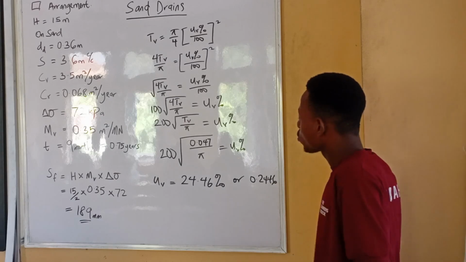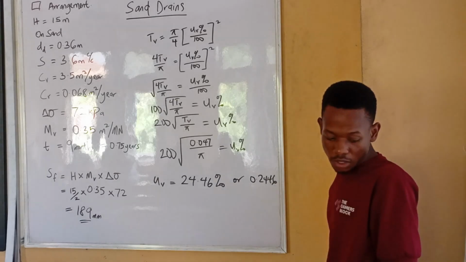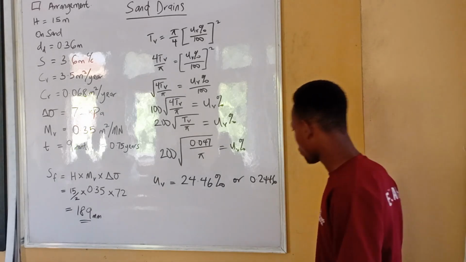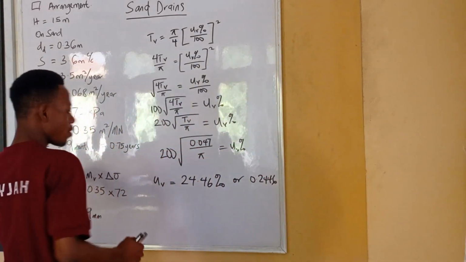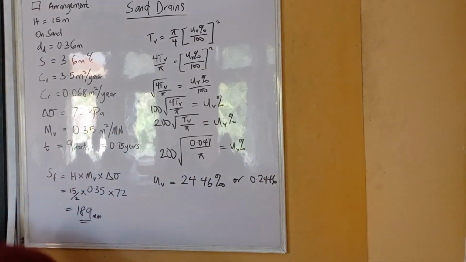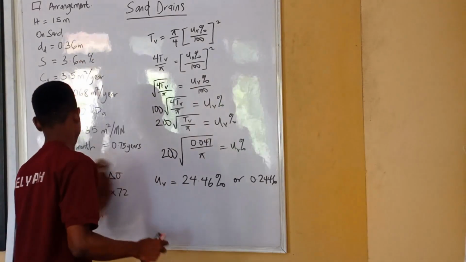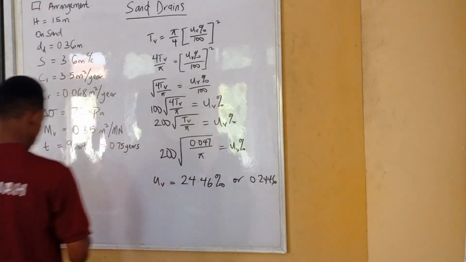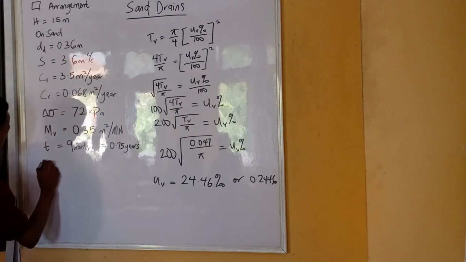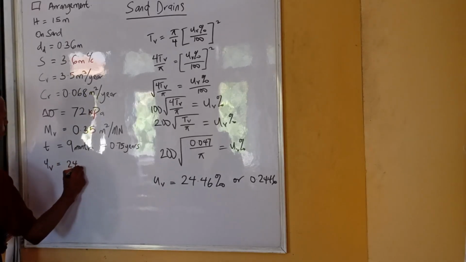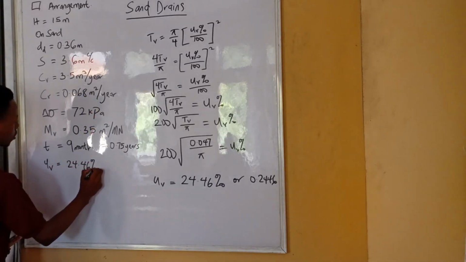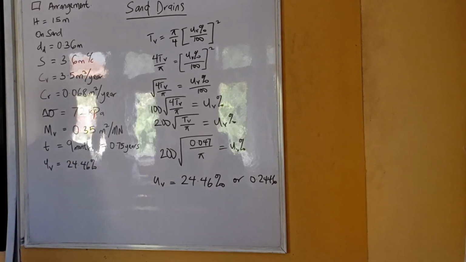That means we are only left with UR. So let me write it here: UV equals 24.46%. So let's keep that one there like that.